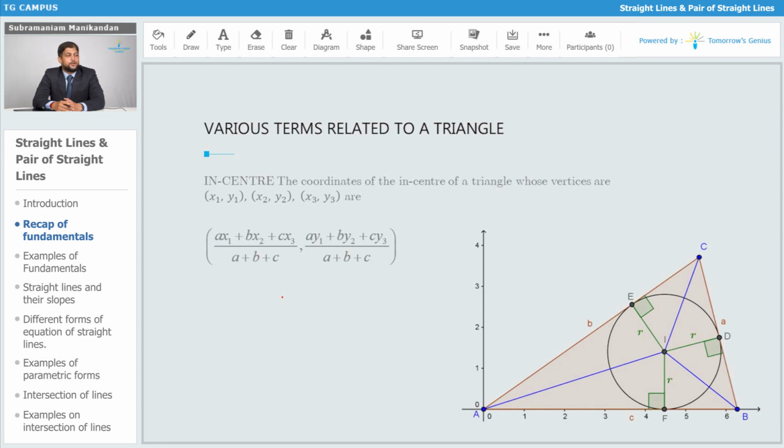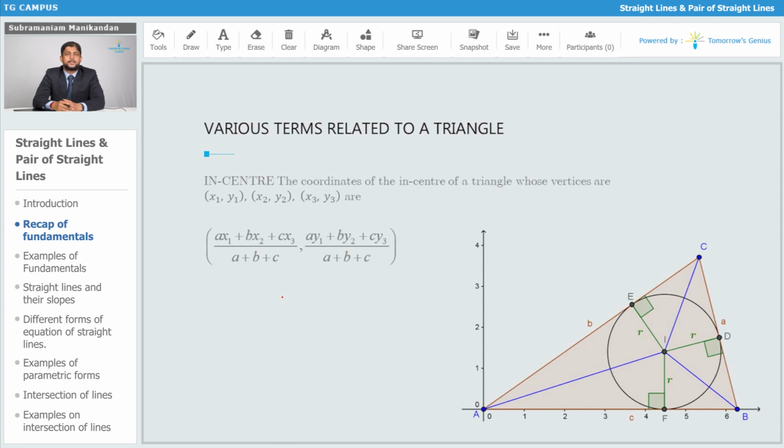The coordinates of the incenter of a triangle whose vertices are x1, y1, x2, y2 and x3, y3 is equal to (ax1 plus bx2 plus cx3) divided by (a plus b plus c), and (ay1 plus by2 plus cy3) divided by (a plus b plus c). What are a, b and c here?